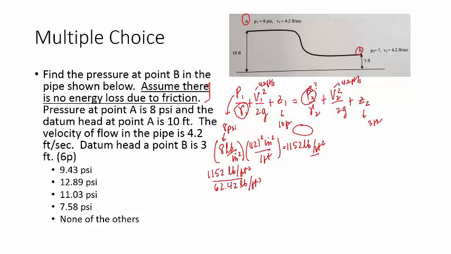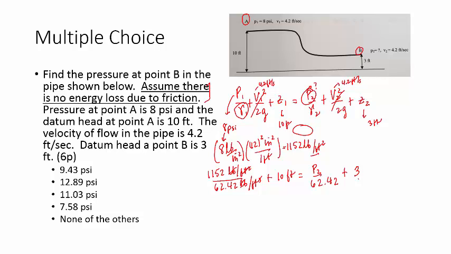The velocities are the same, so they will cancel, and then we have 10 feet. Remember, in this case, pounds, then feet, so the units are correct. And this tells me P2 over 62.4. I'm not going to write the units again because we have them.